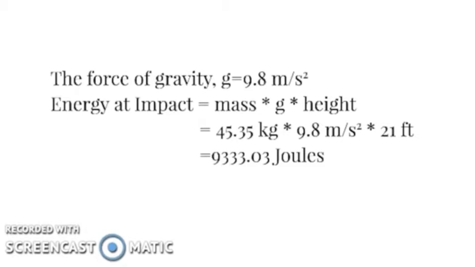I started out with the force of gravity, G, which equals 9.8 meters per second squared. Therefore, the energy at impact equals mass times G times height. Our mass of 100 pounds converts into 45.35 kilograms. You multiply that by the force of gravity, 9.8 meters per second squared, and multiply that by the height, which over 2 stories was 26 feet.